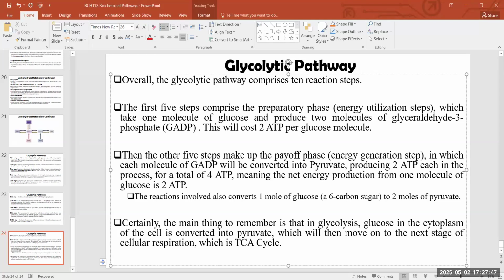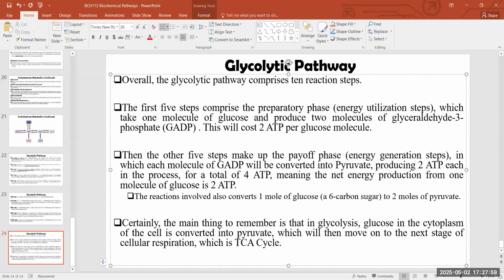Then the other 5 steps make up the payoff phase, or the energy generation steps, in which each molecule of glyceraldehyde 3-phosphate is further converted to pyruvate, leading to production of 2 ATP each in the process, for a total of 4 ATP.